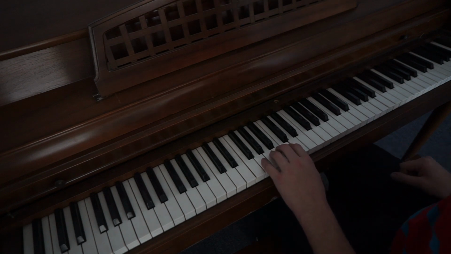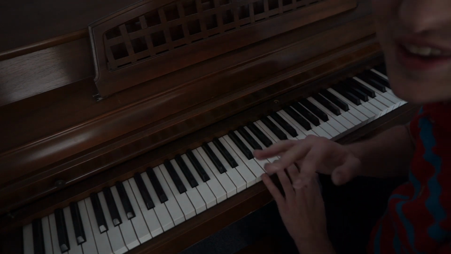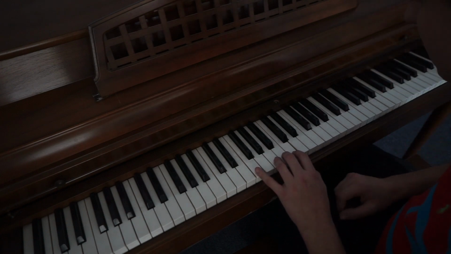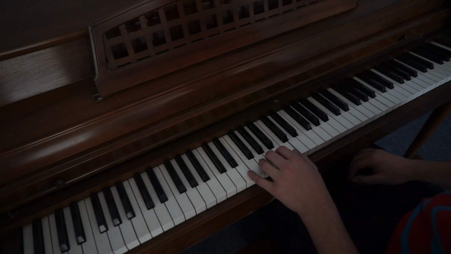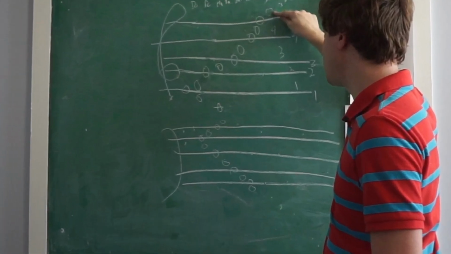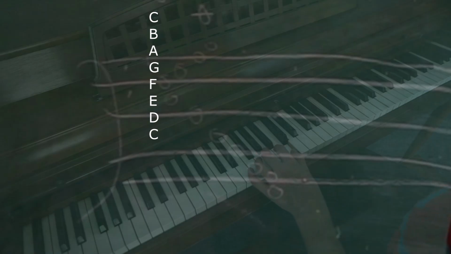Now, if you're looking at the bass clef part, there's one of these keys that doesn't work. So I'll play the key above it when we get to it. So remember, our starting place is C. All right, now if you look at the bass clef, we're going to be starting from the top. So we have C, B, A, G. This is the note that doesn't work.